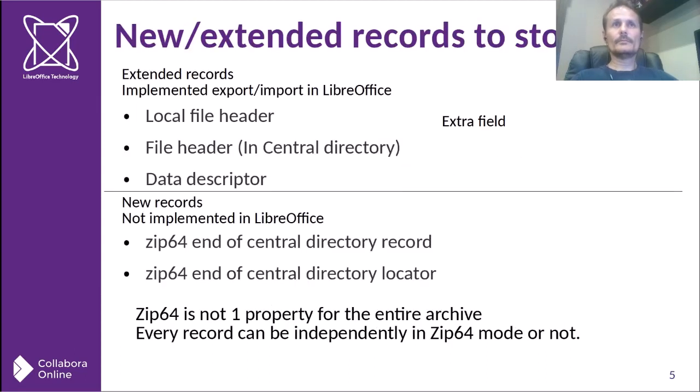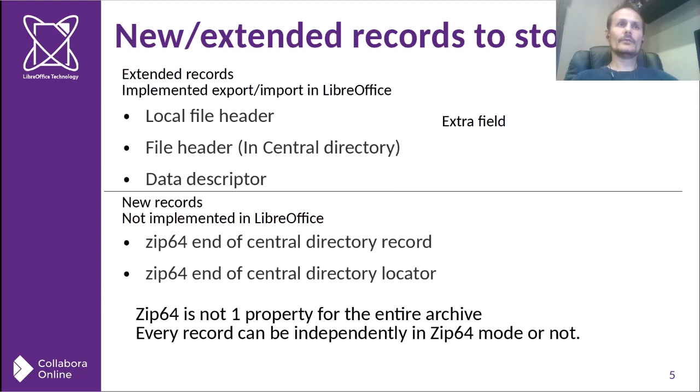So the Zip64 extension, let's check which records were extended by this and which records are new. The extended records are the local file header, the file header in the central directory, and the data descriptor.